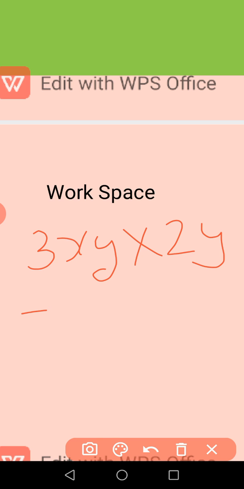Then what will it be here? First you have to multiply the numbers, the coefficients of the terms. So here 3 into 2, into the next variables one by one. x, only one is there, x into y into y.